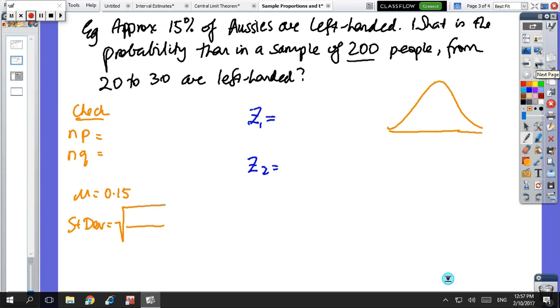Okay, so we've got another example. Approximately 15% of Aussies are left-handed. Didn't know that. What's the probability that in a sample of 200 people between 20 and 30 are left-handed? Okay, so let's just work this one again together. So np, we've got 200 by 0.15, which is 30. 200 by 0.85 equals 170.